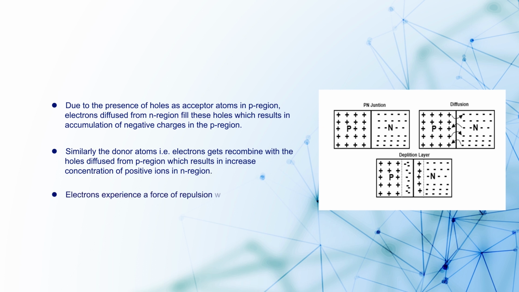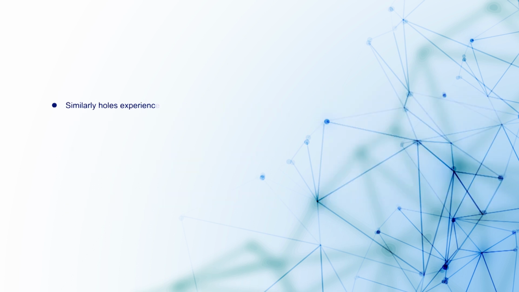Now, once the depletion process gets over, the electrons experience a force of repulsion while diffusing from the n region to the p region, when sufficient negative charges get accumulated in the p region. Similarly, holes experience a force of repulsion when sufficient positive ions get accumulated in the n region.